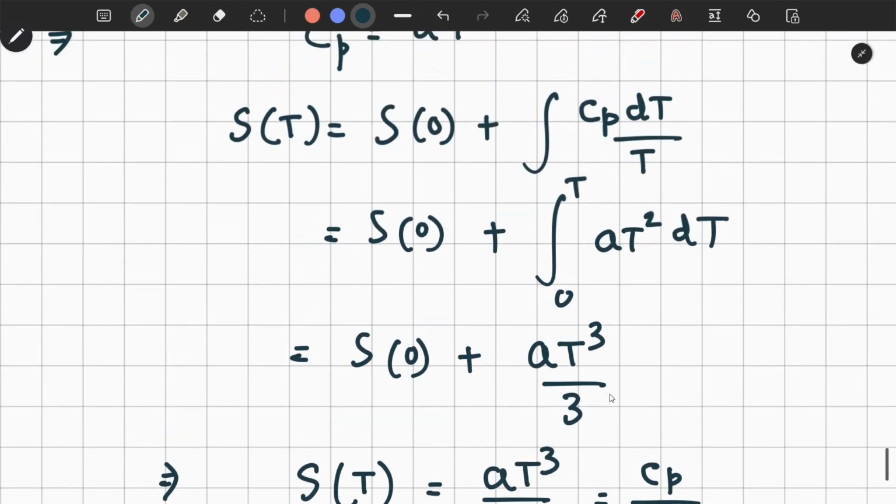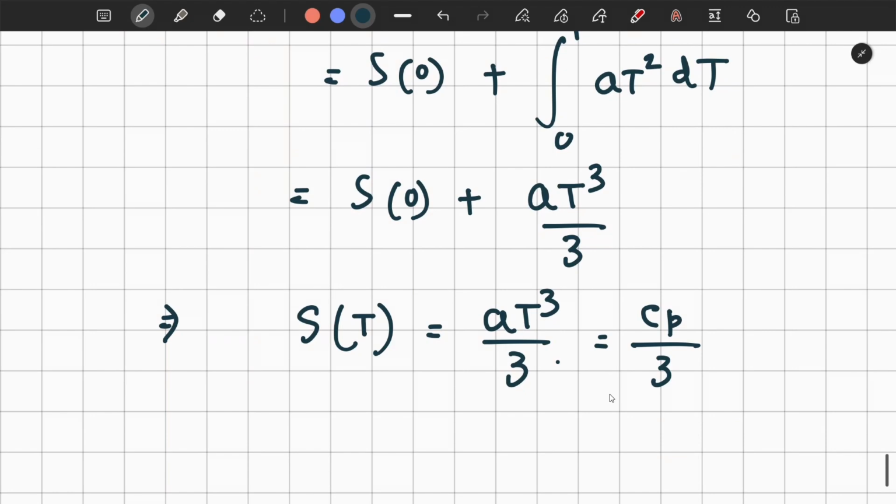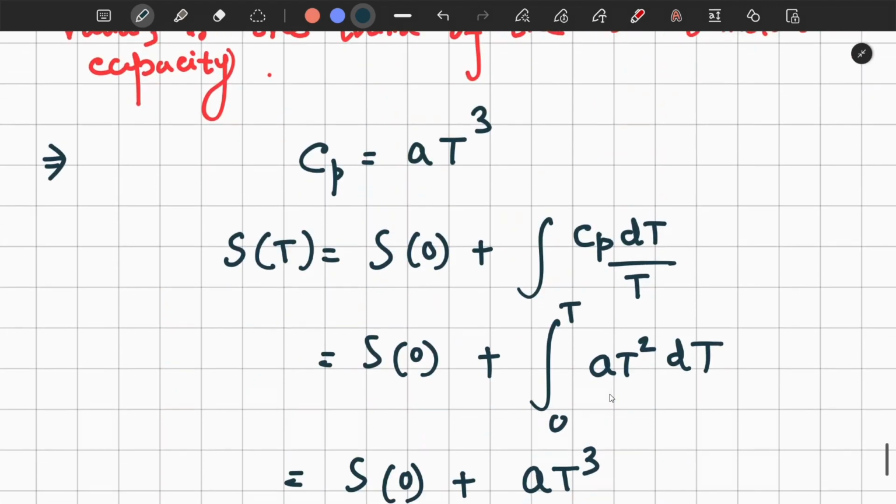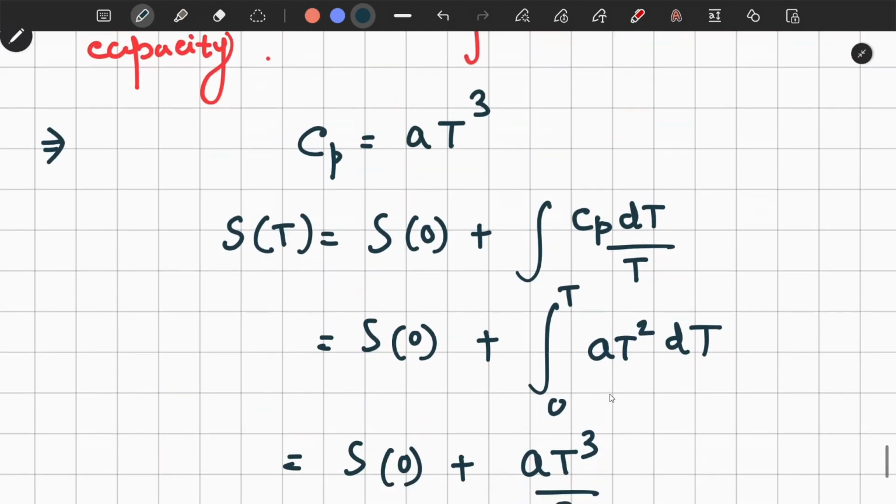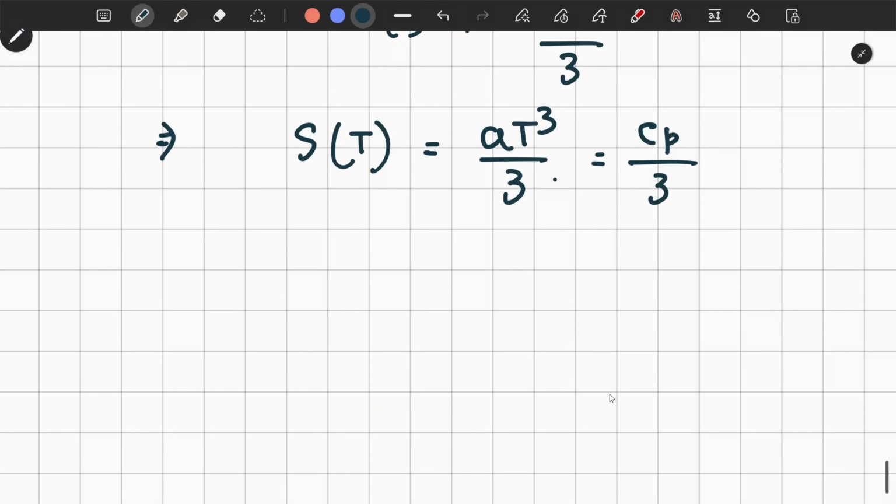That is what they have asked to show. If it's Cv, then it will also be the same. You can do it in terms of Cp also. Just instead of Cp, you have to carry Cv, and then you will have the same answer.